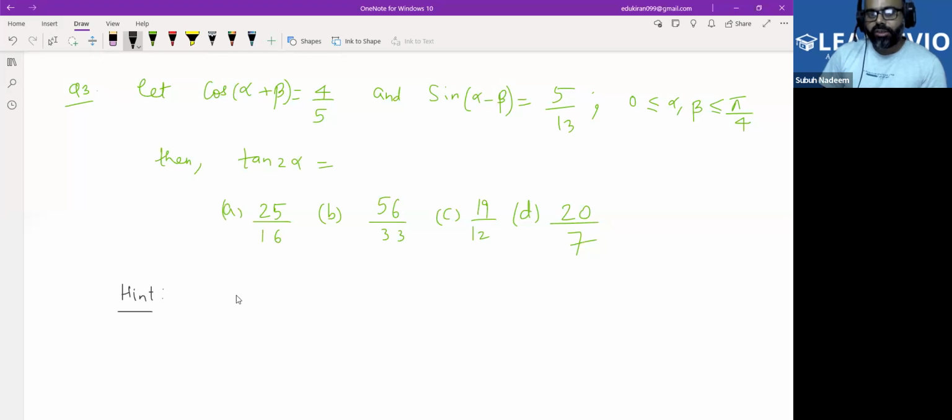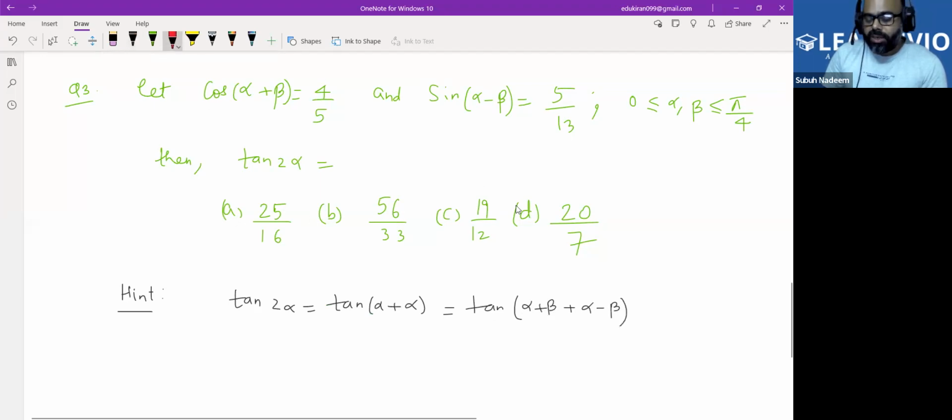What you have to do is, you have to first think like this, that it is 2 alpha, right? So what is 2 alpha? It is alpha plus alpha. So you can add beta to it and subtract beta from it, like this. So beta will get cancelled.